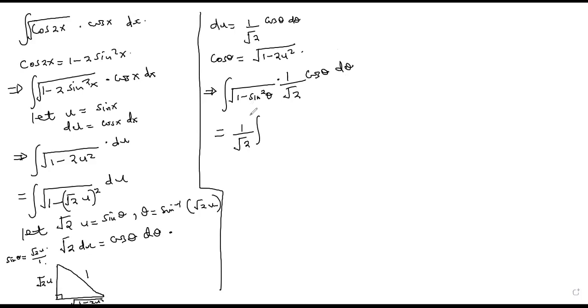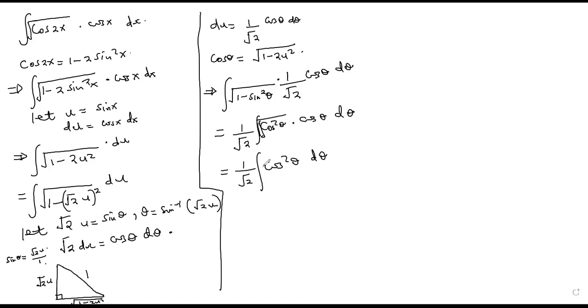Then under the root we have 1 minus sine squared theta, which is the same as cos squared theta under root. Let me show you that step. Under root, cos squared theta under root, then times cos theta d theta. Under root, it will become cos theta times cos theta, which is cos squared theta. So it is 1 over root 2 integral of cos squared theta d theta. All right.